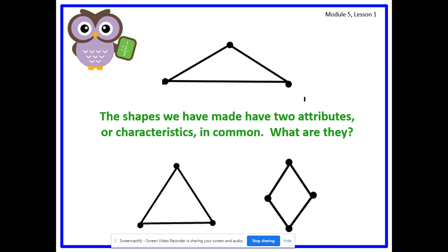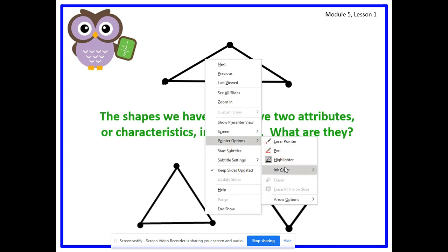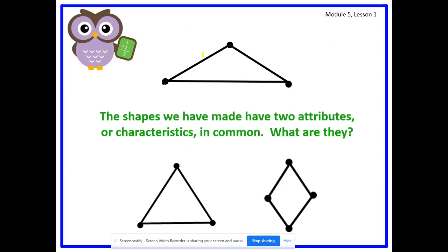Yes, that it has 3 corners. And how many sides does this shape have? Get ready. Yes, 3 sides. So we can say that this shape has 3 corners, which are the dots, and 3 sides. So those are the attributes of this shape.